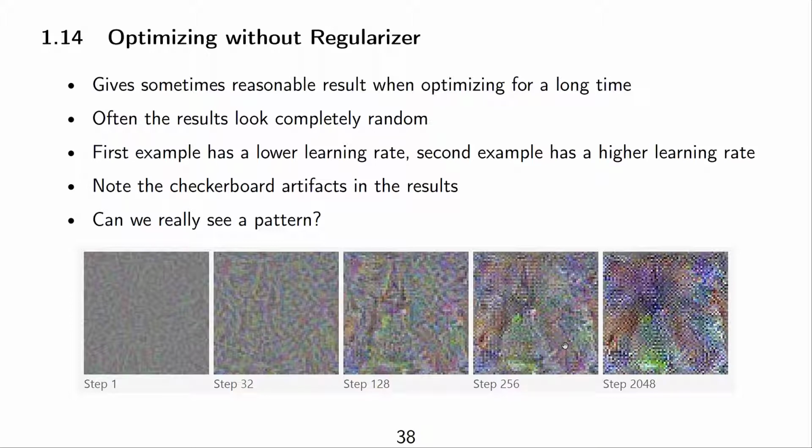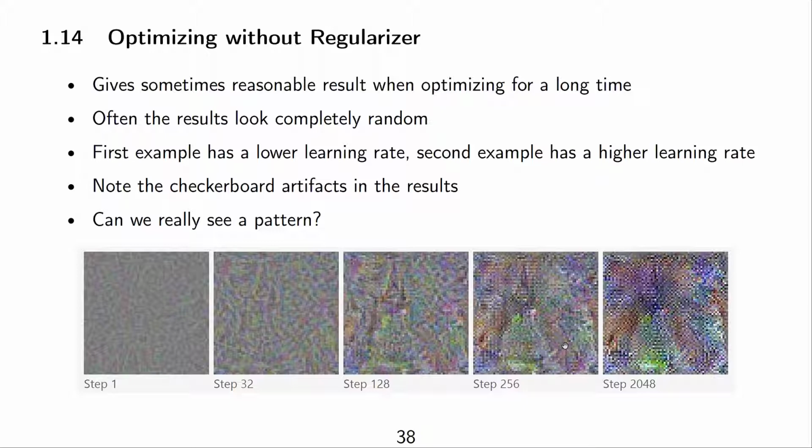But why do we need a regularizer at all? Let's look at some results without regularizer. Sometimes we can get reasonable results when optimizing for a very long time, but often the results look completely random.